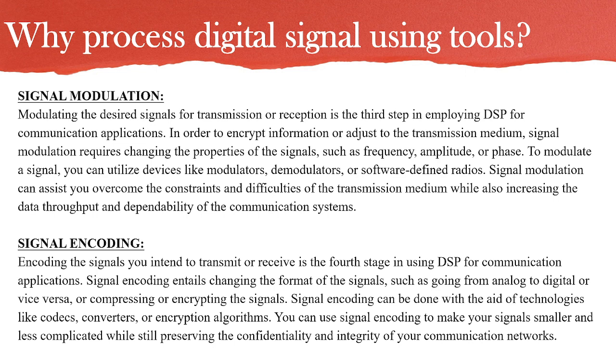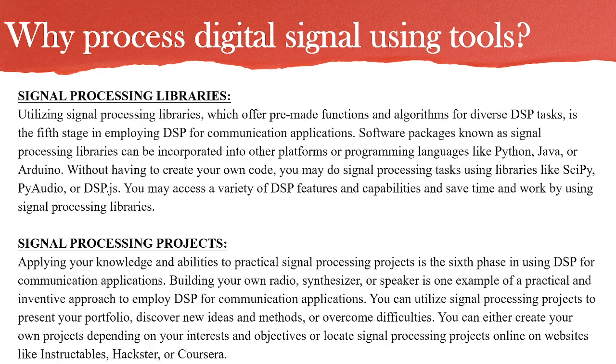The use of signal encoding tools is to make your signal smaller and less complicated while preserving the confidentiality and integrity of your communication network. Basically, signal encoding compresses the signal for it to become more portable or efficient. Examples of these signal encoders are codecs, converters, and encryption algorithms.